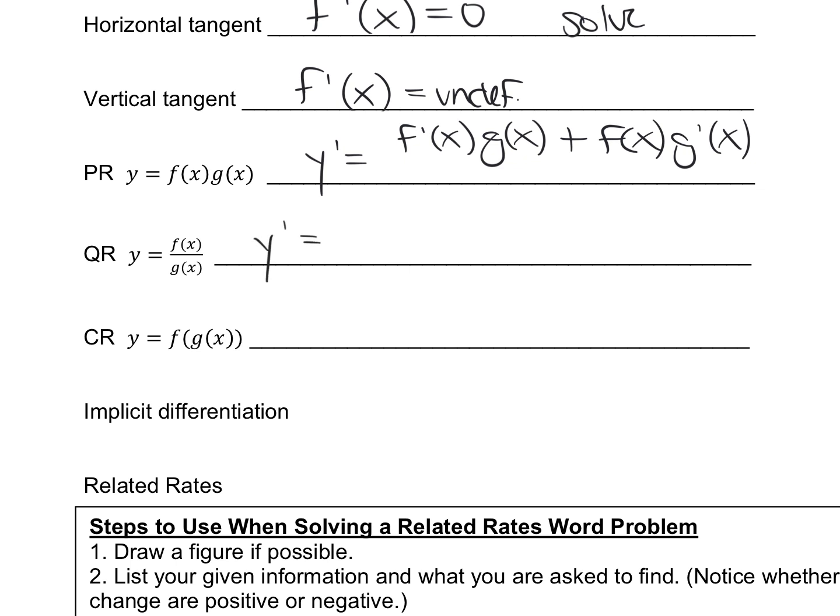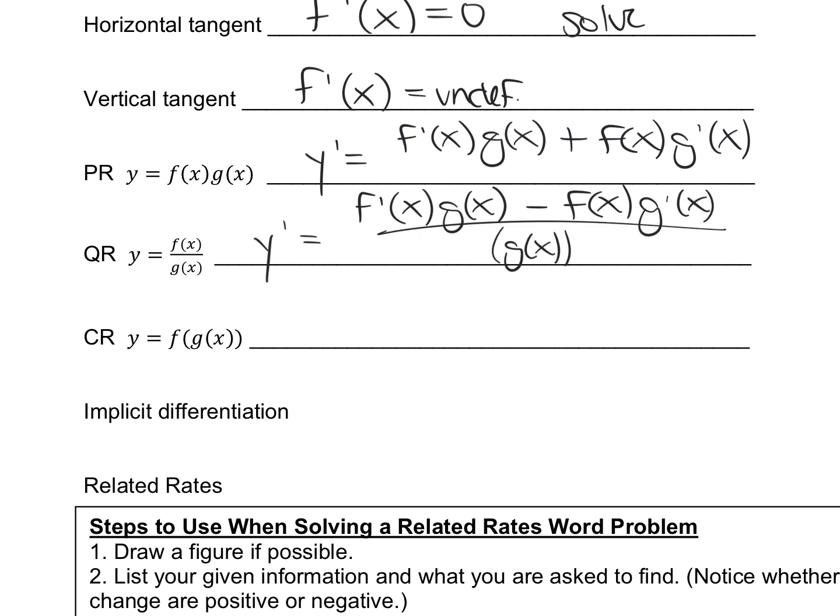So it looked like f prime of x times g of x minus f of x times g prime of x all over g of x squared. And then our chain rule was where we take the derivative of the outside function, f prime, we leave the inside function inside, and then multiply by the derivative of the inside function.